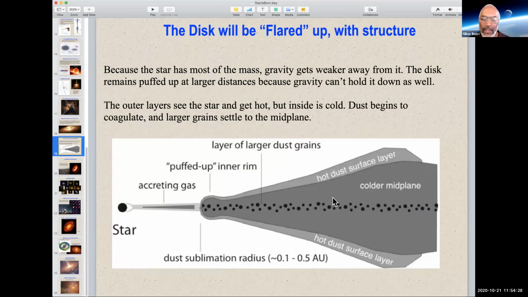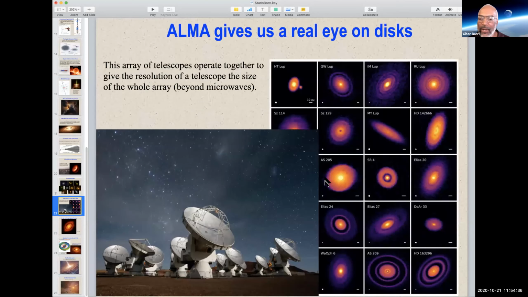And then the disk is settling down, and these pictures are only sensitive to extremely small dust particles. Once you start building that into sand-like particles, or rocks, you're not going to see it anymore. So the disk disappears in that sense.